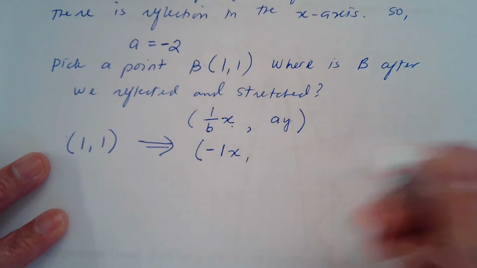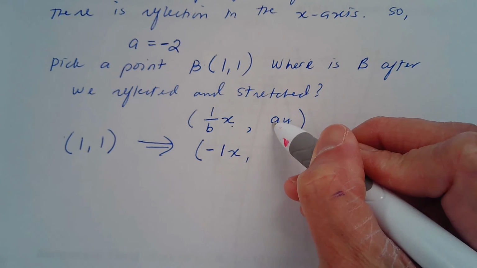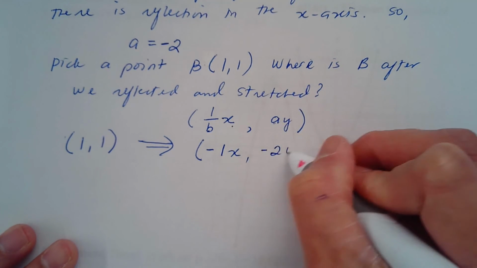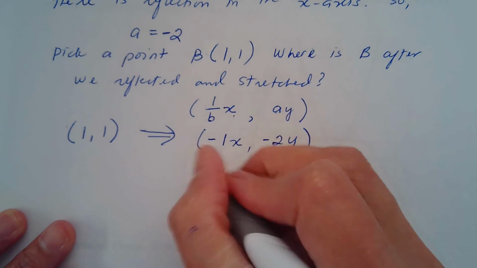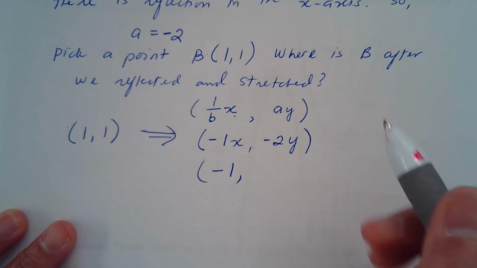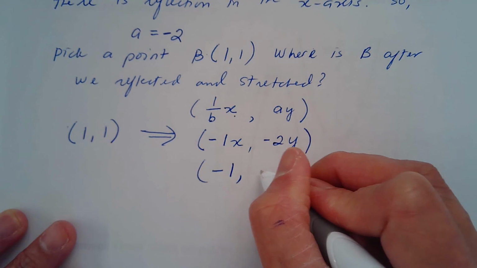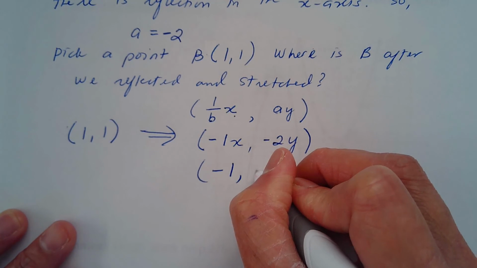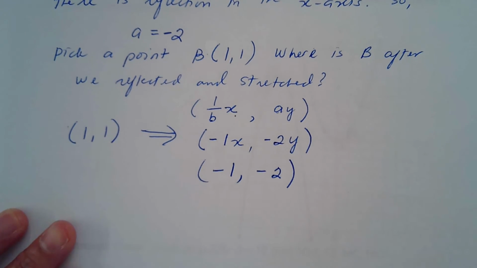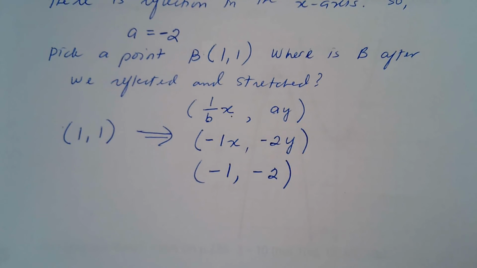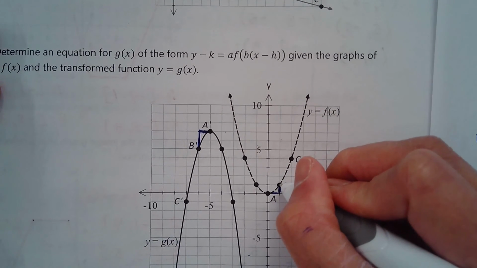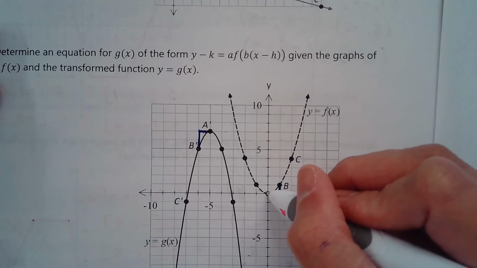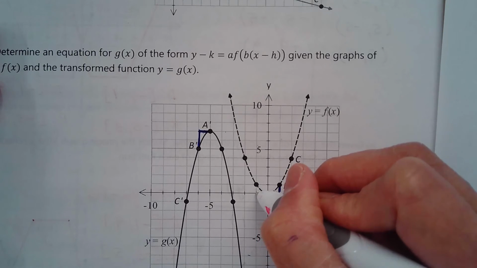And A is negative 2, so it's negative 2 times y. So this point, after it's been reflected and stretched, should be at negative 1, negative 2.